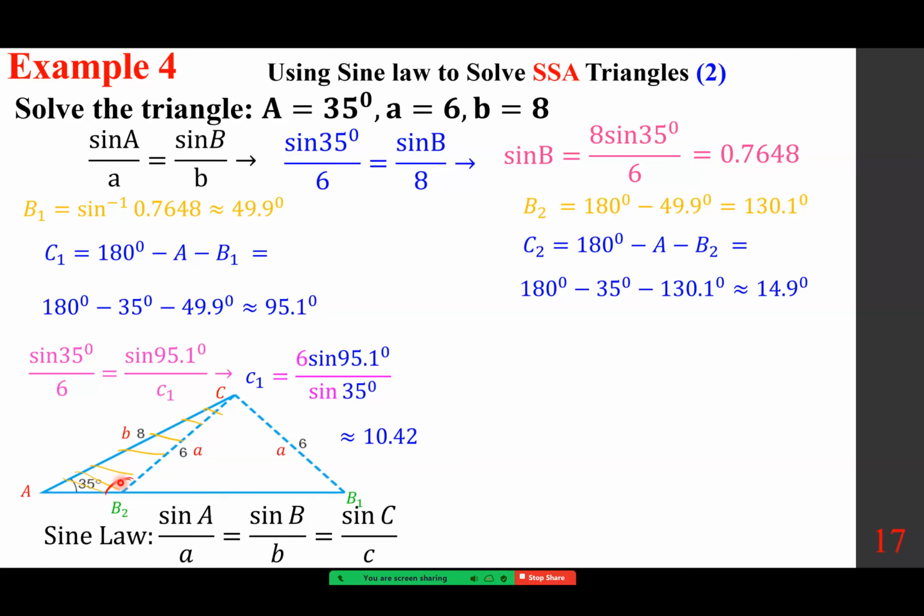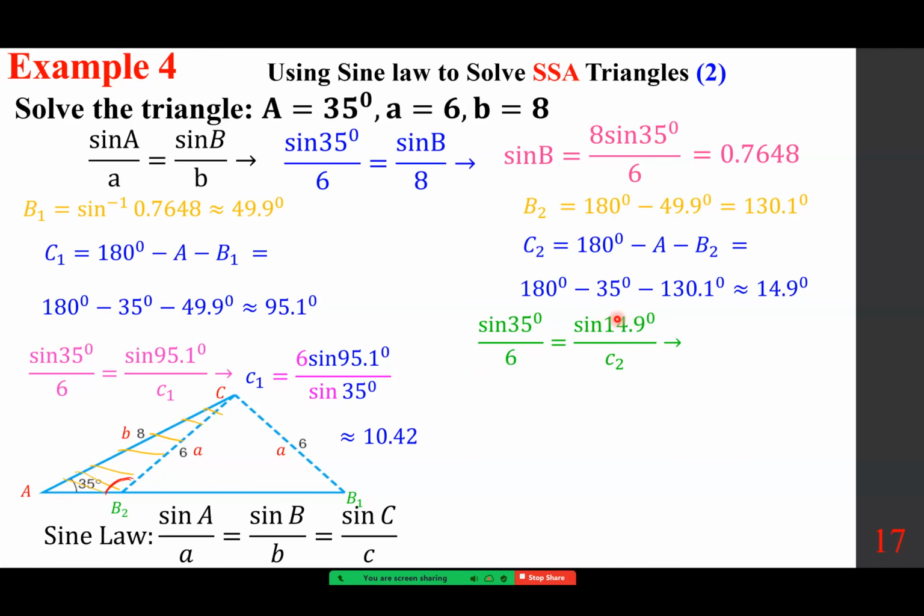So we use exactly the same thing here, but this time c sub 2. So sine of 35 over 6 is sine C, in this case sine of 14.9 over c, and we're going to call this c sub 2. Cross product will do the job. c2 times sine 35 is 6 times sine 14.9.